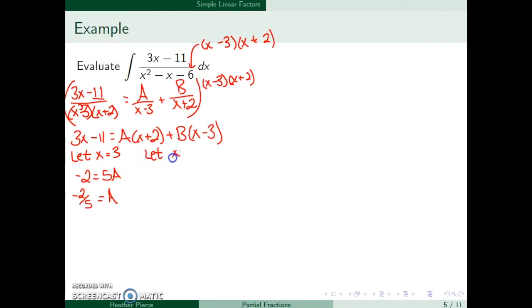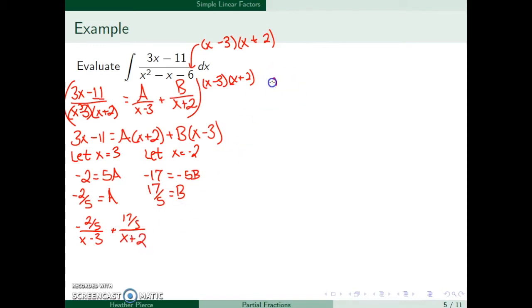If I let x be equal to negative 2, on the left I get negative 6 minus 11, which is negative 17. And then on the right, the a's cancel, and I get negative 5b. So b is 17/5. So I end up with negative 2/5 over x minus 3 plus 17/5 over x plus 2.